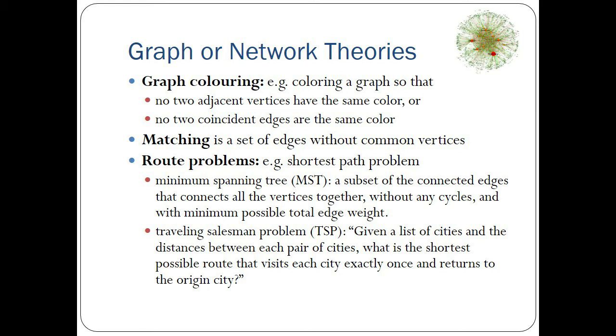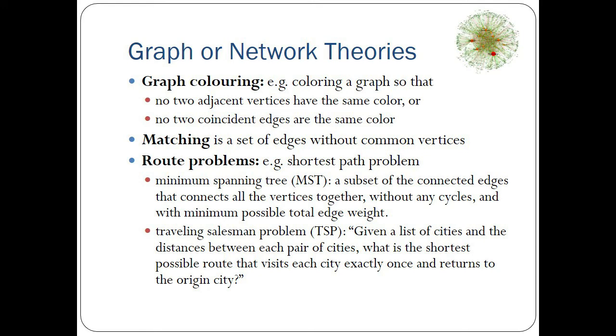So given a list of cities and the distance between each pair of cities, you need to find the shortest possible route that visits each city exactly once. The traveling salesman wants to visit each city once by the shortest possible route and return to the origin city.